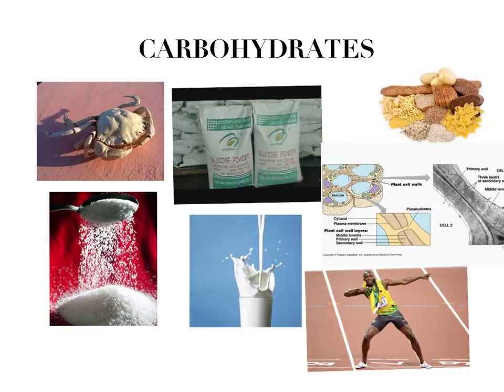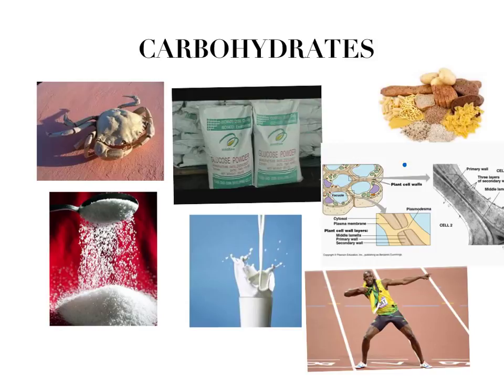Okay, so now I'm into the carbohydrates. I've pasted a collection of photos here of various things that have carbohydrates related to them. So we have a crab, some glucose powder, a picture that has grains and potatoes and pasta and wheat, rice.